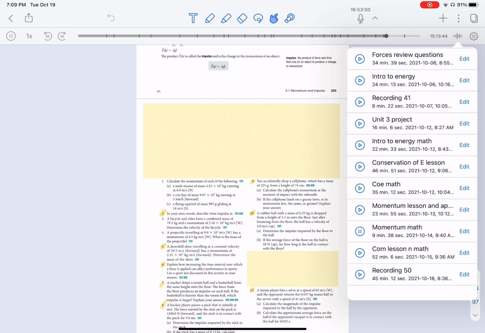Okay, and then for part B, we know that delta P is equal to our net force times the time. So our net force is equal to our change in momentum over change in time, which is the negative 49.8 kilograms times meters per second, divided by 25 milliseconds.